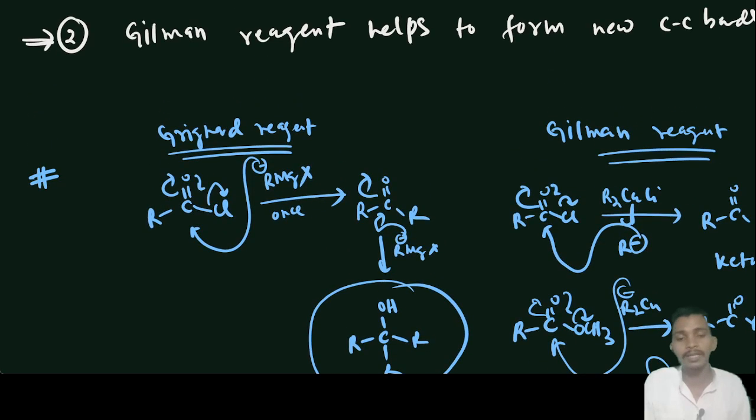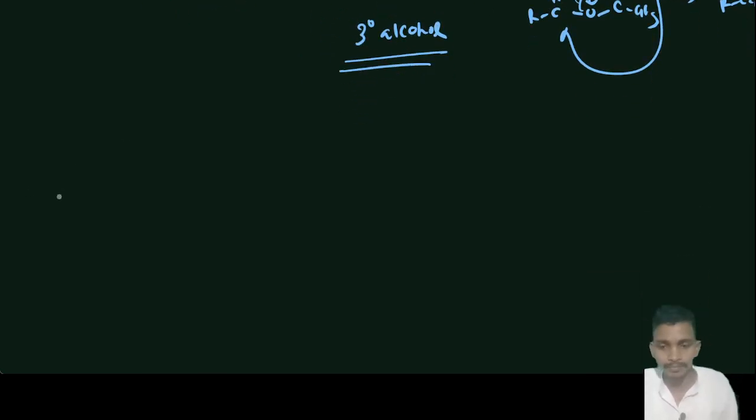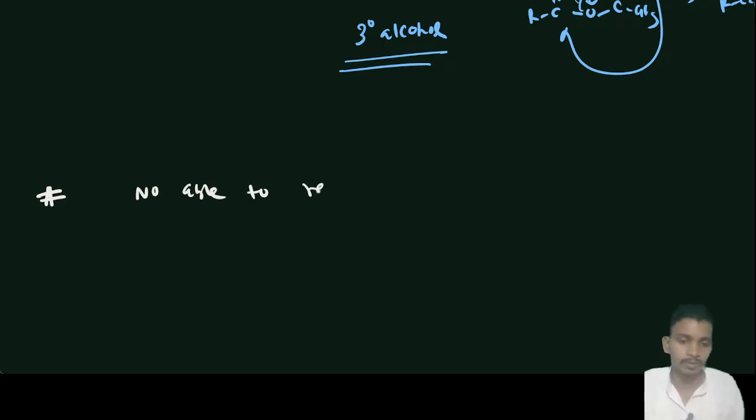So these are the basic points about Gilman reagents and the basic difference between the Grignard reagent and the Gilman reagents. What things do we have to remember for Gilman reagents? First, it will not attack ketones. It is not able to react with isolated ketones.